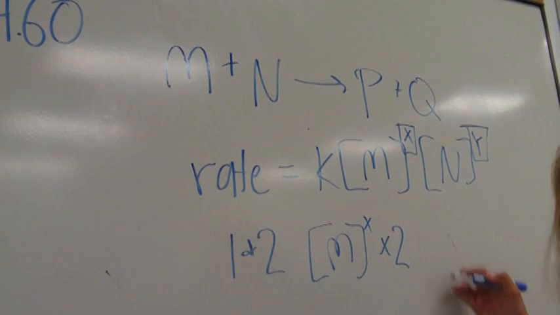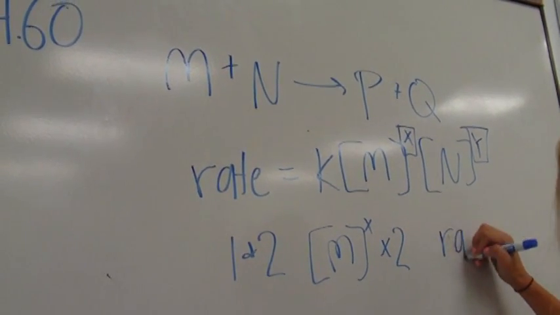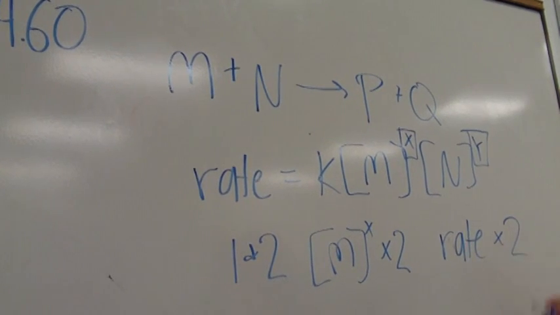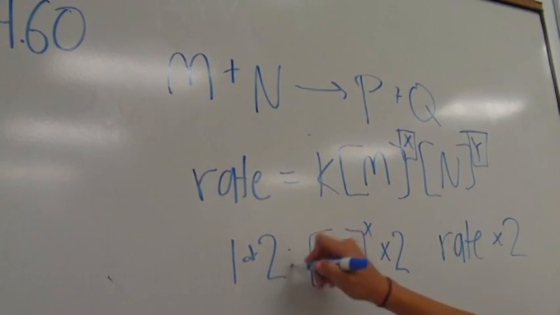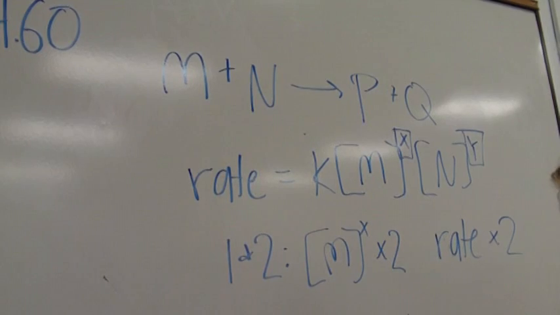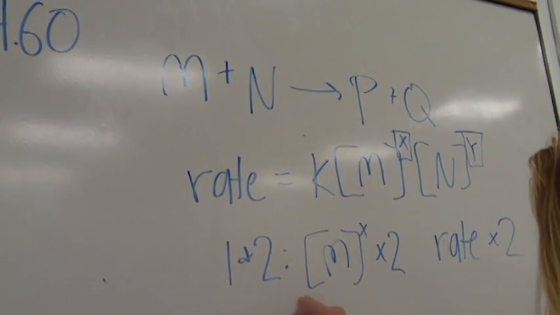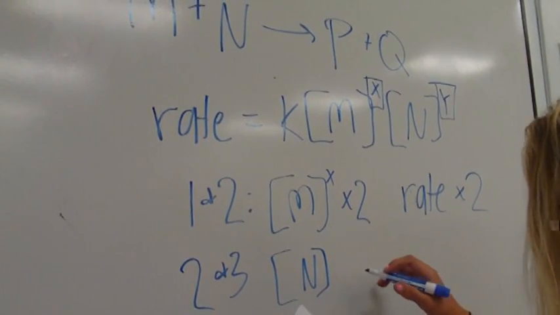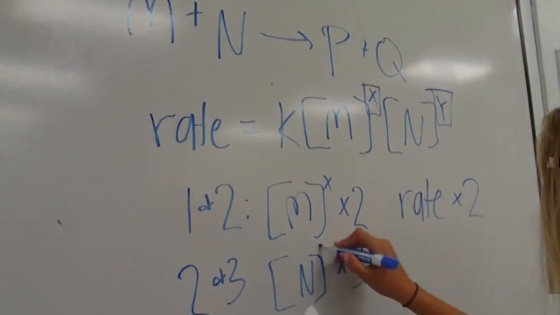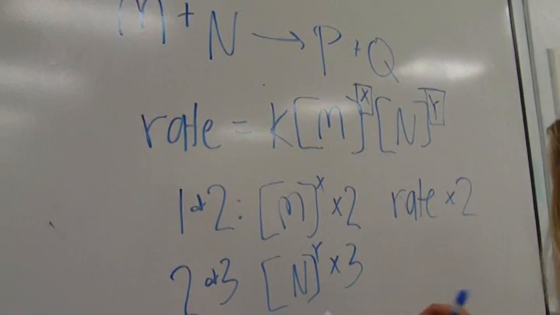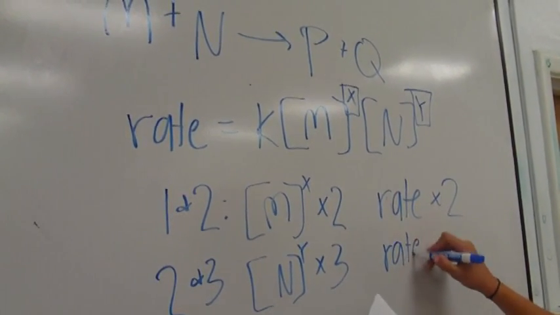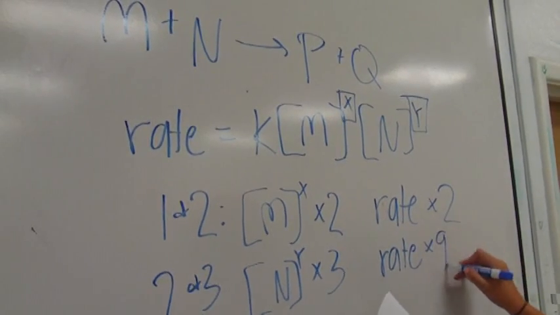And then the rate in those two also gets multiplied by 2. So that will tell us something. And if we also look between numbers 2 and 3, where N changes, our concentration of N is tripled, so it's multiplied by 3, and our rate between 2 and 3 is multiplied by 9.